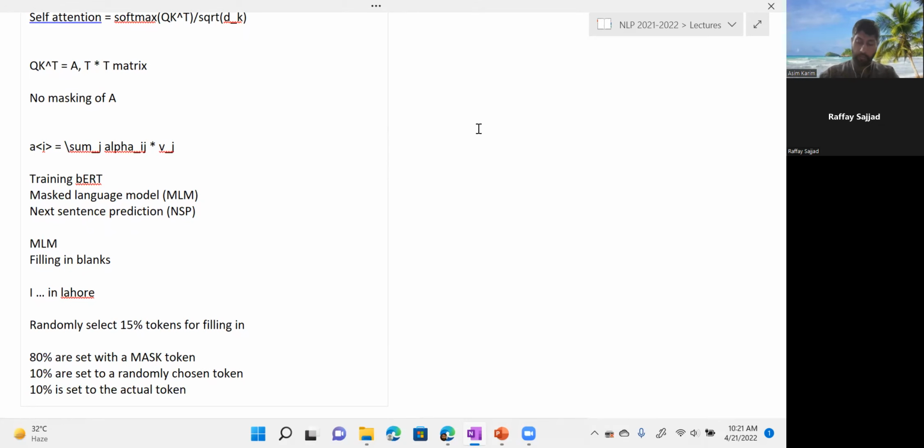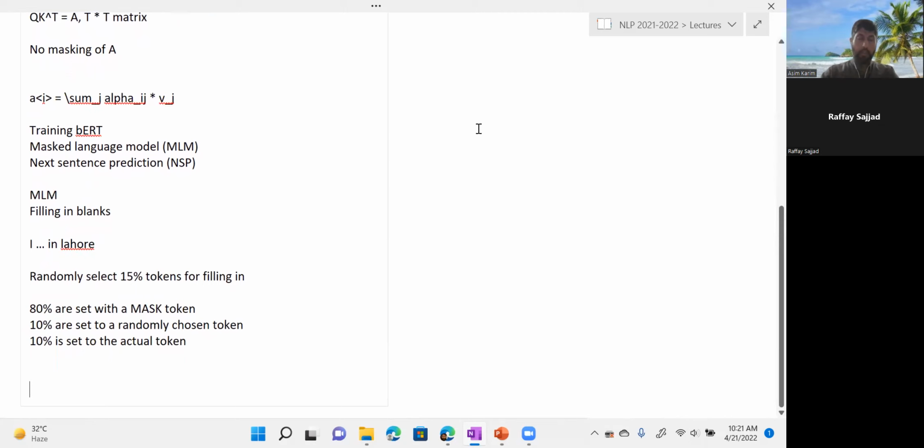So let's just take a quick example. I went to eat at, let's say, McDonald's. Okay? Let's say this is the complete sentence. Of course, this is a very small sentence. So 15% of the words you have to select randomly.